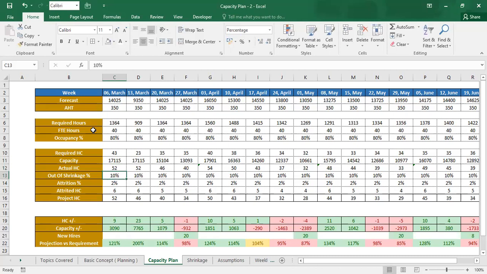I have taken 10% of out of office shrinkage and 2% attrition. So these both the things I have taken as shrinkage. So here I have calculated it like 6 agent. So projected headcount that I have.